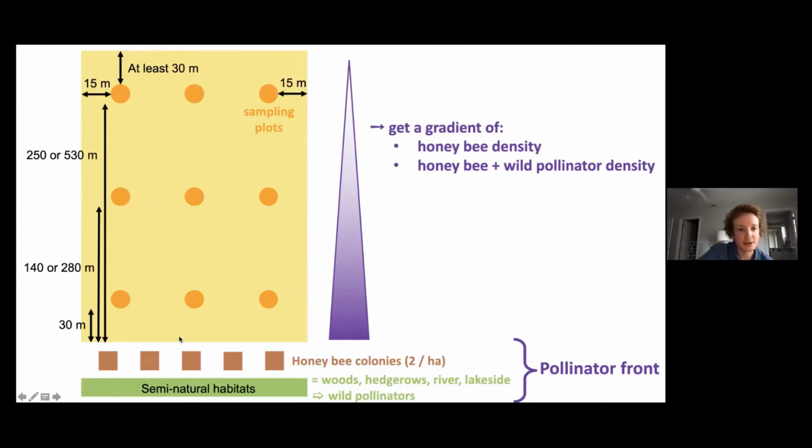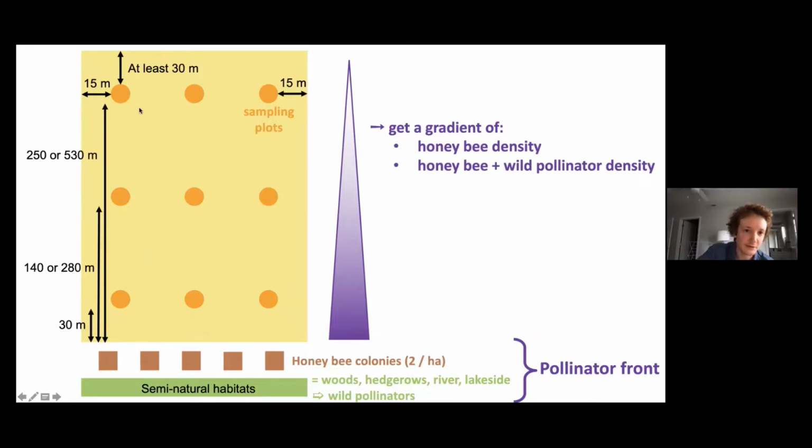We set 9 sampling plots in each field. So 3 plots at 30 meters from the pollinator fronts, 3 other plots at 140 meters or 280 meters, depending on the field size, from the pollinator fronts.